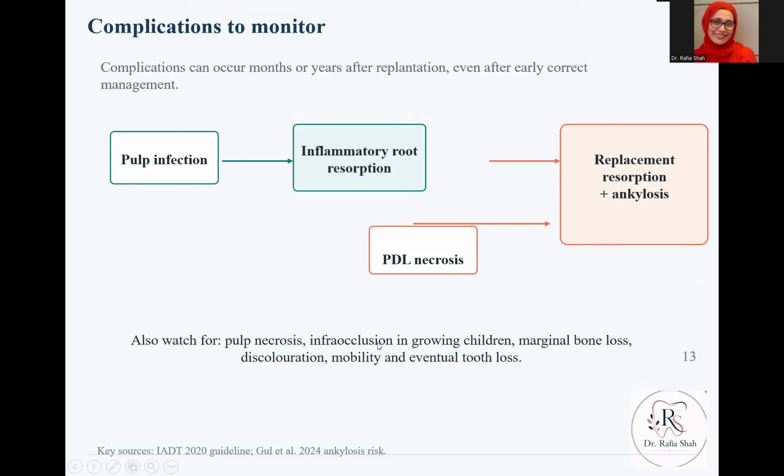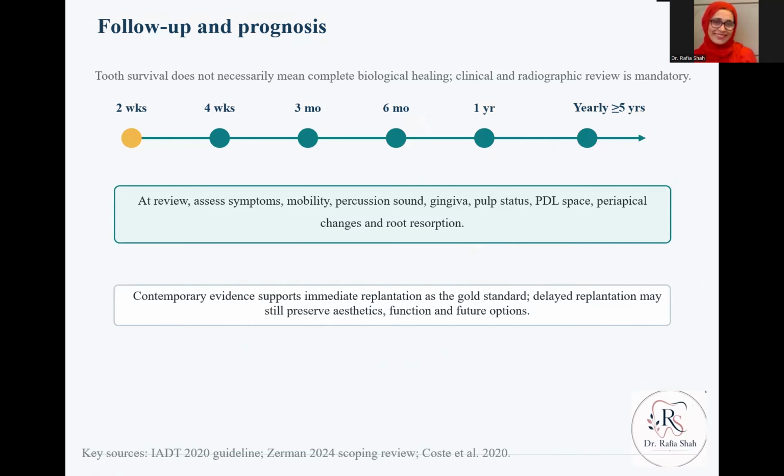We need to see whether the tooth, as the child grows, is in normal occlusion or in infraocclusion. We need to see if there is any marginal bone loss around the tooth, any discoloration, any mobility, and we need to confirm all these things on every visit.